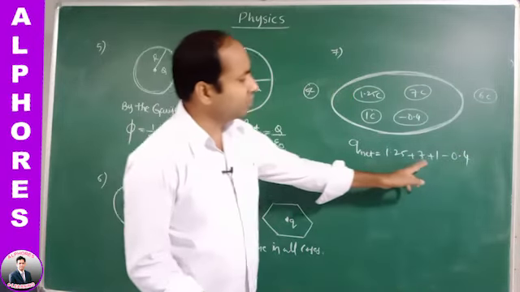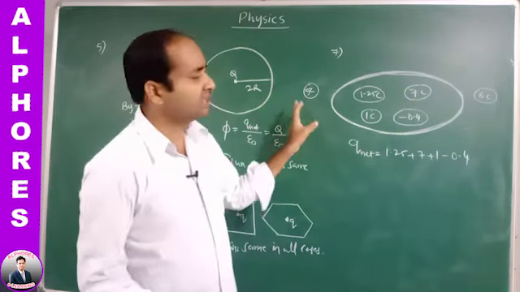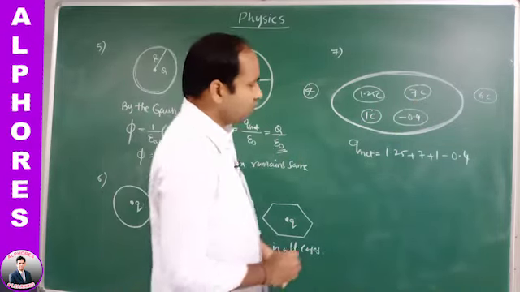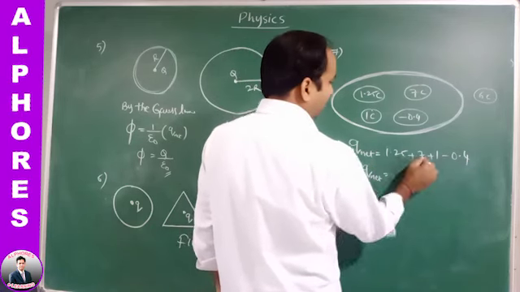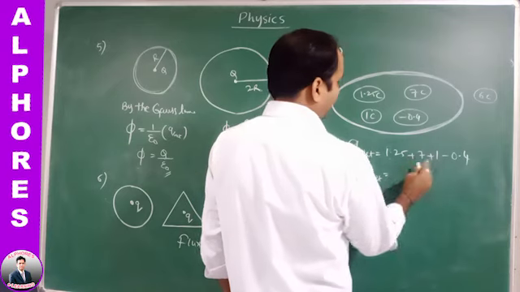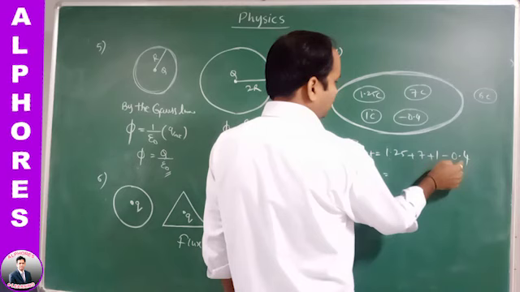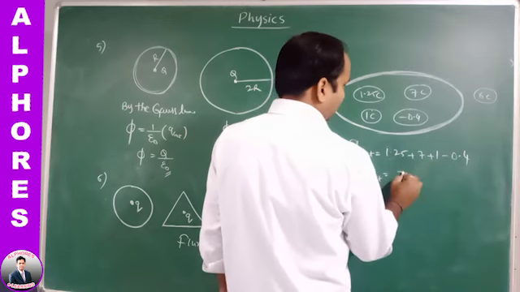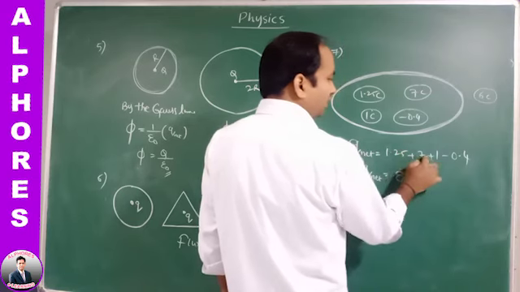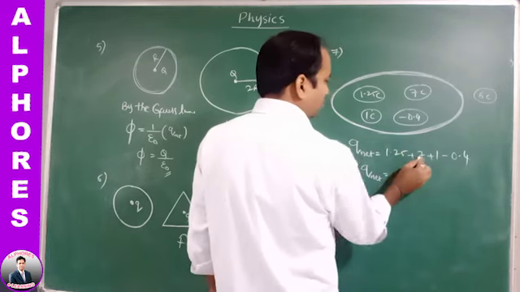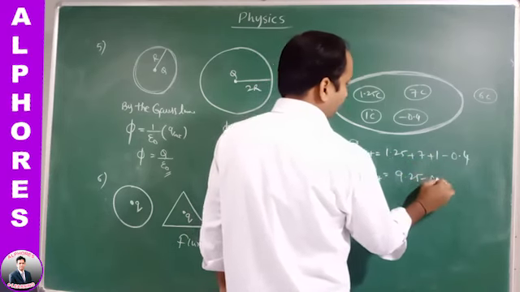These charges are enclosed, but 5 and 6 are in the system but not enclosed. 1.25 plus 7 is 8.25, plus 1 is 9.25, minus 0.4.